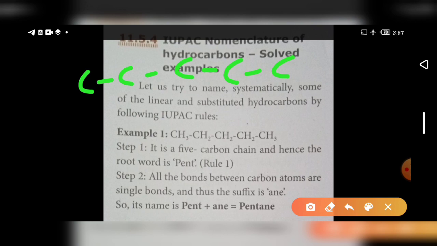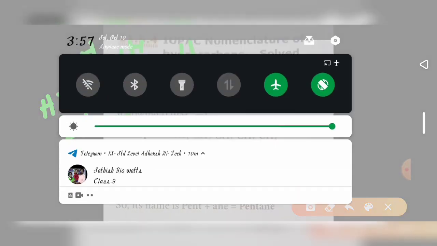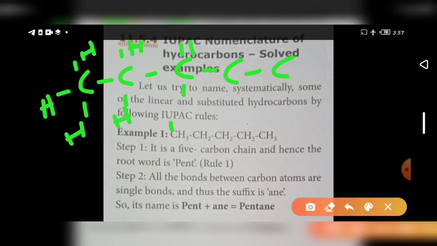First, the first carbon contains 3 hydrogens, so you put 3 bonds here. The second carbon contains 2 hydrogens. The third carbon also contains 2 hydrogens, and the fourth carbon also contains 2 hydrogens. The fifth carbon contains 3 hydrogens.